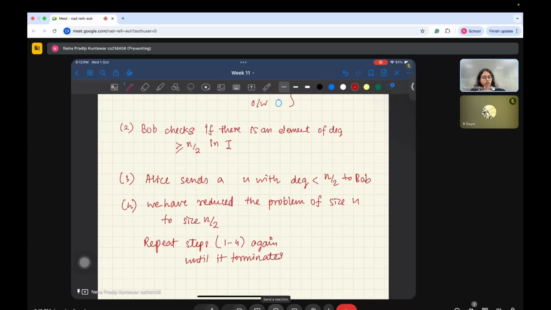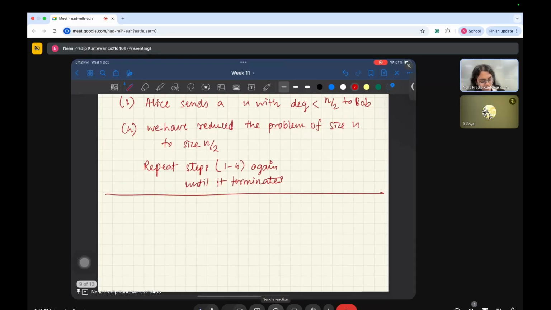Okay, so that is our algorithm, and let's analyze the complexity.